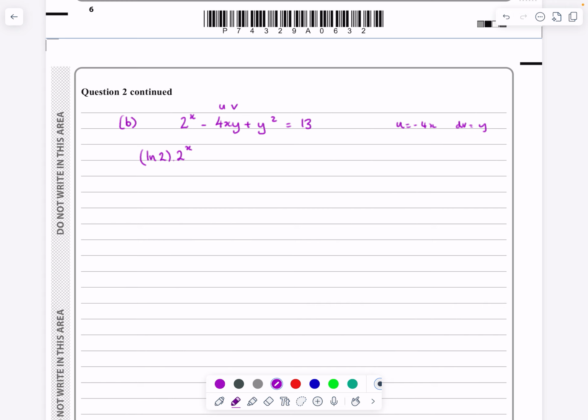Get du by dx, get dv by dx, and then say it's u dv plus v du. I'm not going to spend time writing it out over there. I think that by the time you're at P4 exam level, you should be able to do this relatively quickly, and I'm going to anyway. You can take your time if you need to.